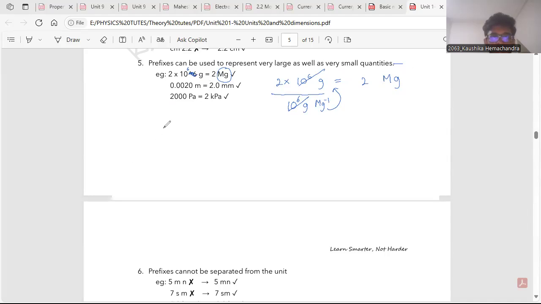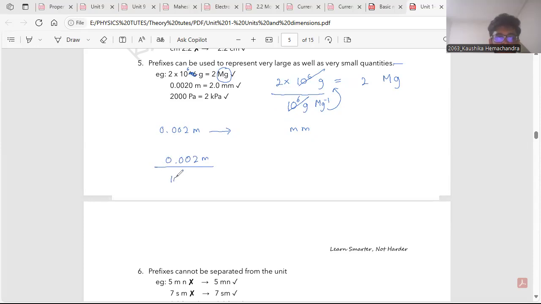Then 0.002 meters in millimeters. So that is using submultiples. Multiple to submultiple, it's a multiplication. Using a submultiple means you get a larger value in millimeters. You are converting meters to millimeters.